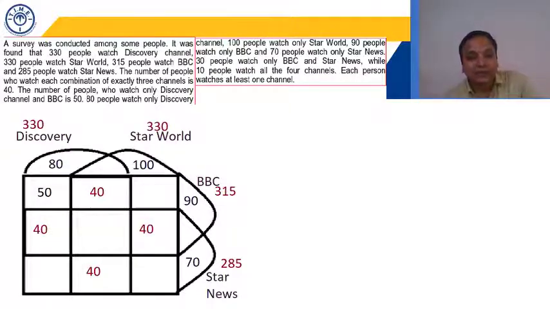Then he says 30 people watch only BBC and Star News. So this 30 comes here. While 10 people watch all the 4 channels. So this common box is 10.